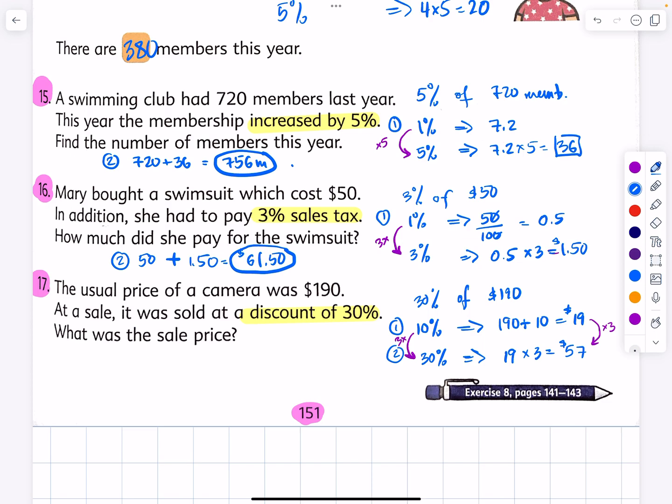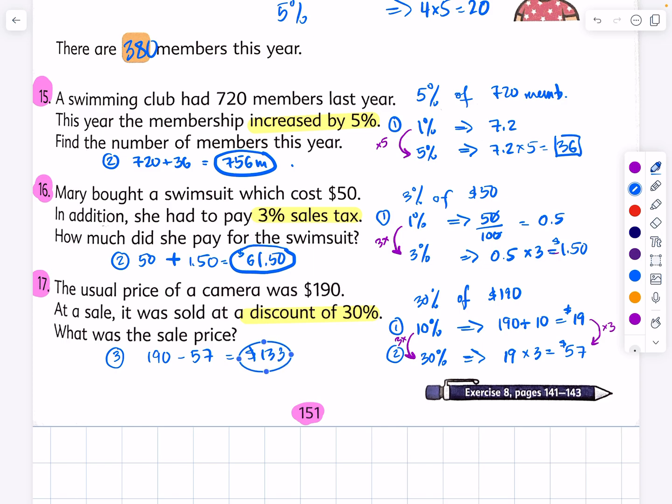But we're not done because it is a discounted price. So step 3, $190 was the original price minus 57. That is money off, dollars off, and the total price that this person will pay for the camera will be $133.